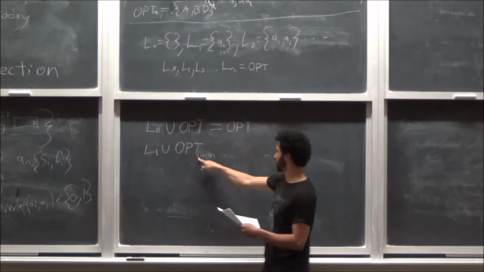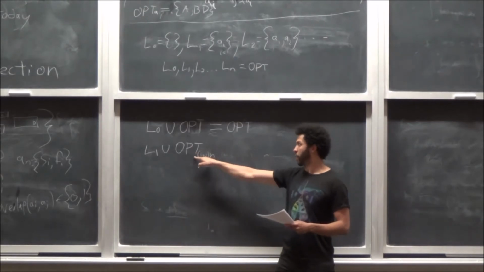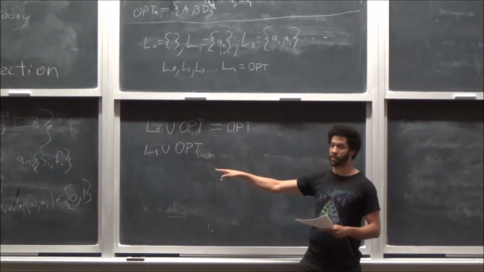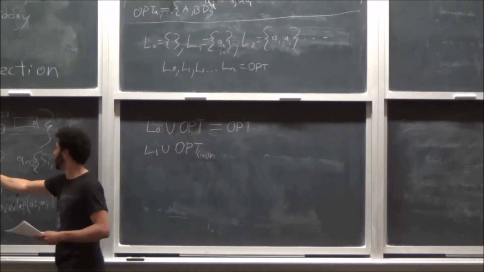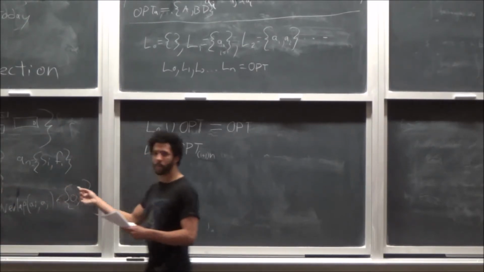What I'm doing here is setting up the notation to say that this is the optimal set from index i plus 1 to n. So if we treat the set as a sequence, A1, A2, A3 to An, where there's an Ai here. Does that make sense so far?